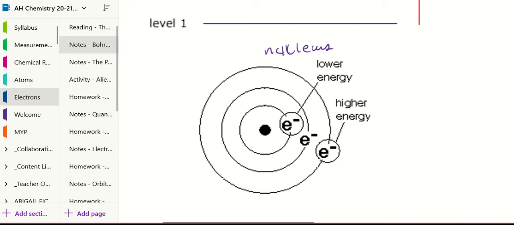How did he describe those energy levels in terms of how they move around the outside of the nucleus? He said they were circular. So you'll often see Bohr models, and that's how we draw them, drawing the energy levels as what? Circles. So if you want to go ahead and draw this, just sketch it on your paper.